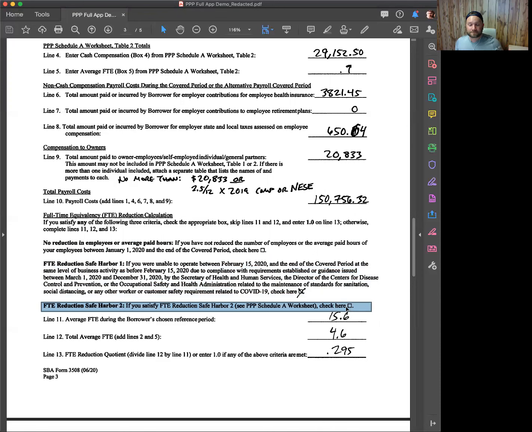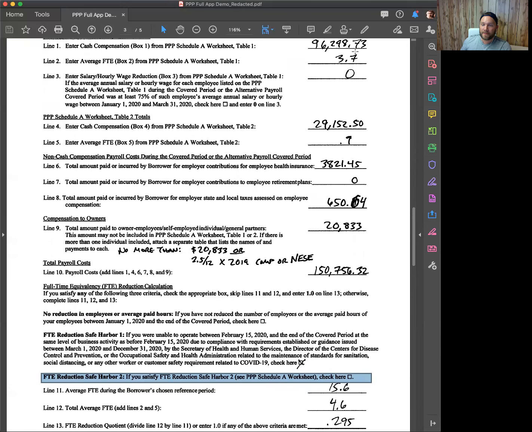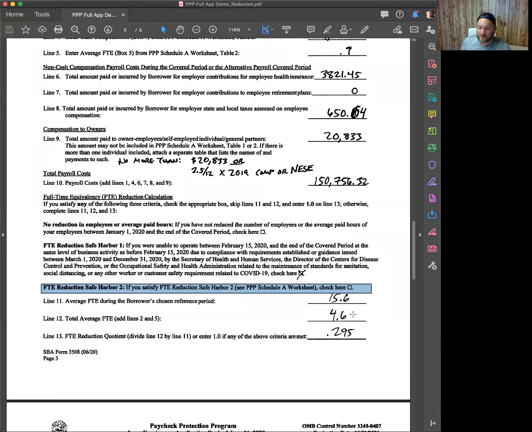Just for fun, I wanted to see what the FTE reduction would have been for this client. My average FTE during the reference period in question was 15.6. My total average FTEs, which is the total of up here, line 2, which is 3.7, line 5, which is 0.9, my total is 4.6, okay? And then you divide 4.6 by 15.6, 0.295.